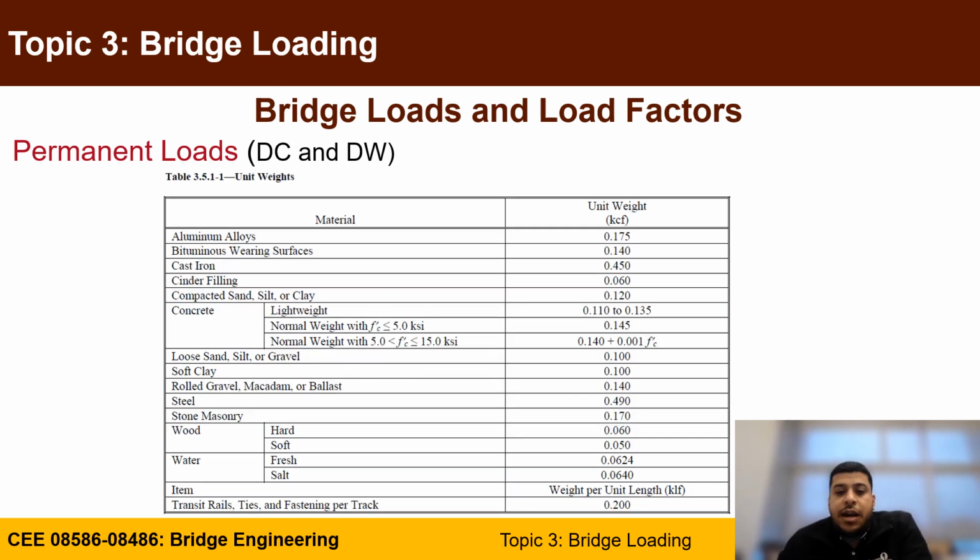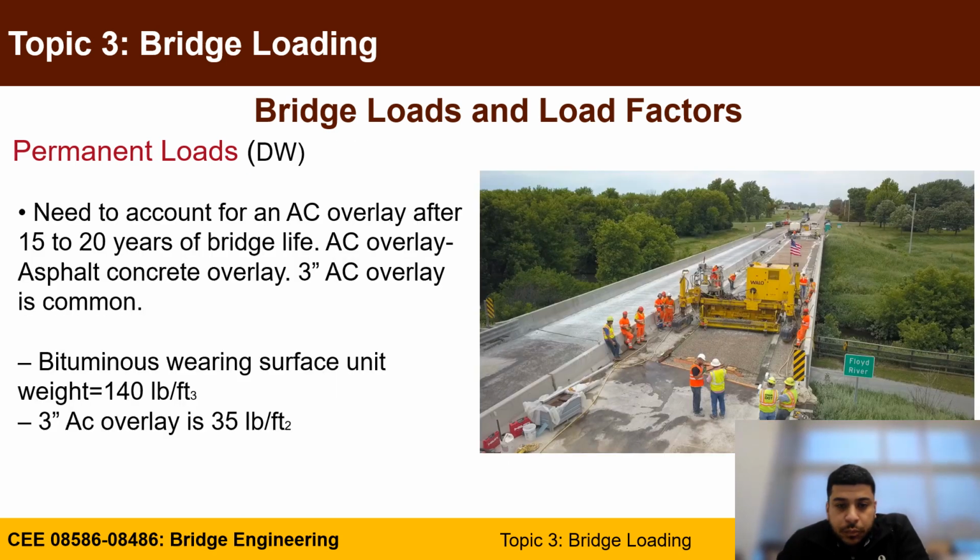Here, just slide to enlarge this table from section 3 in AASHTO. And for wearing surface, we assume that every 15 to 20 years, we will be replacing the overlay. So we will have asphalt or concrete overlay, around 3-inch thickness, with bituminous wearing surface unit weight 140 pound per cubic feet and 3 inches of overlay.